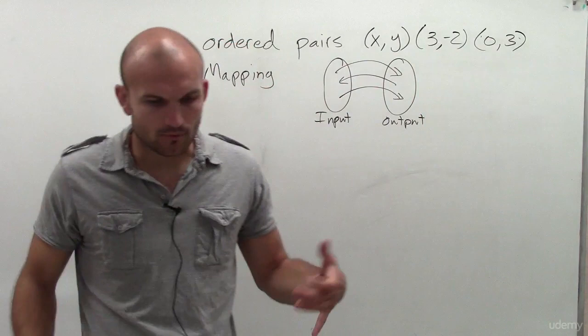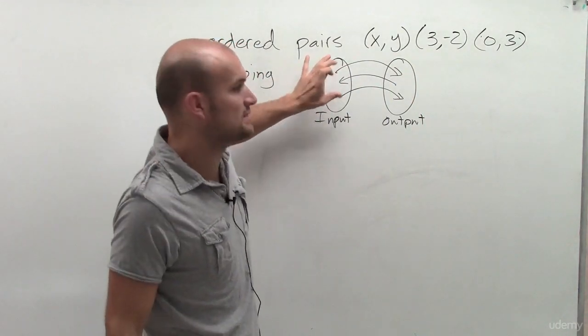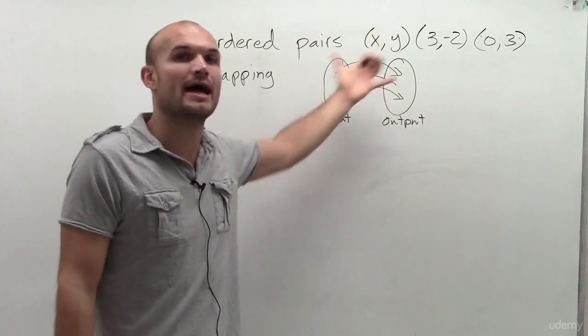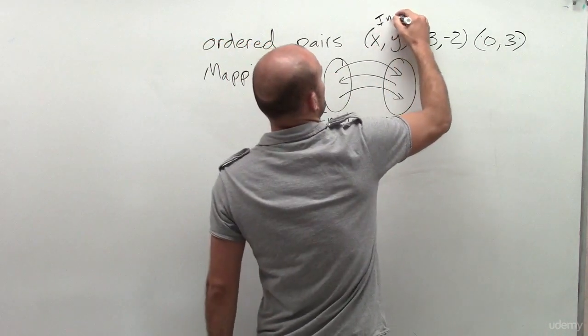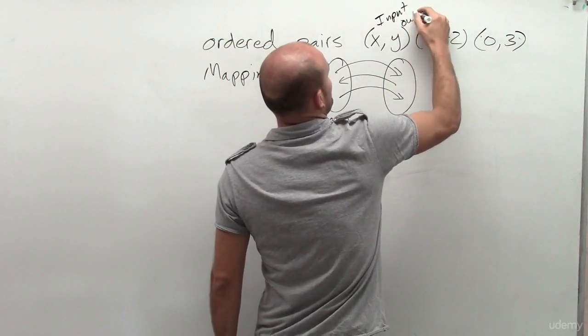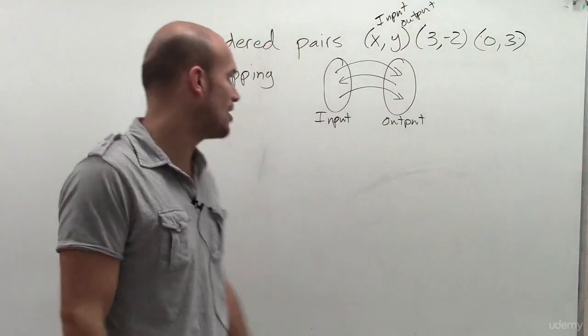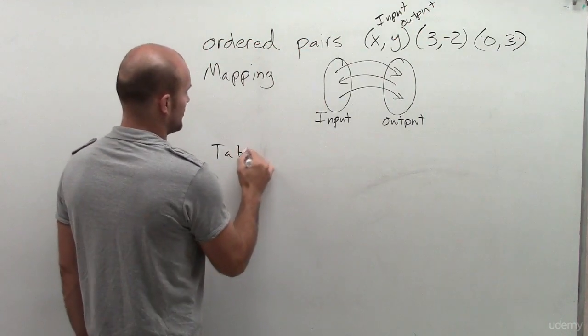When using mapping to describe a relation, it just tells how your elements in your input and your output are related. And I forgot to mention, your x values are your input and the y values are your output.